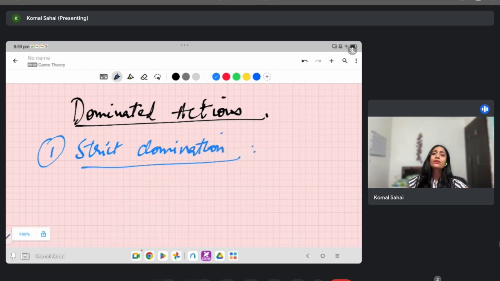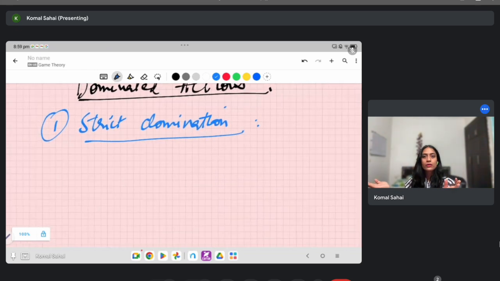Right? Strict domination is nothing but कि suppose दो action को तुम compare कर रहे हो, ठीक है, और you are looking at which gives a higher payoff for every other action of the other player. ठीक है, so I'll give you a definition and then we'll do an example that will make things clear for you.